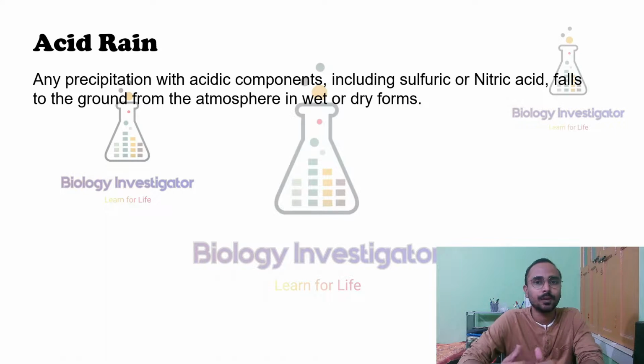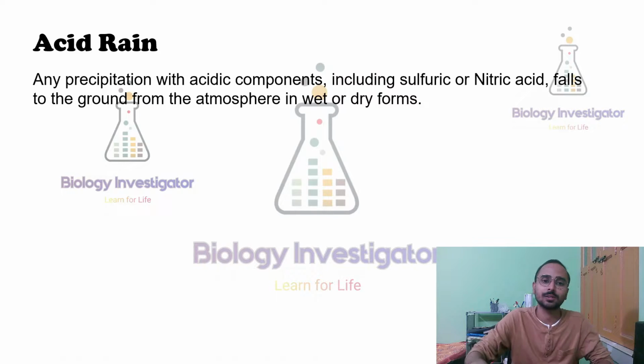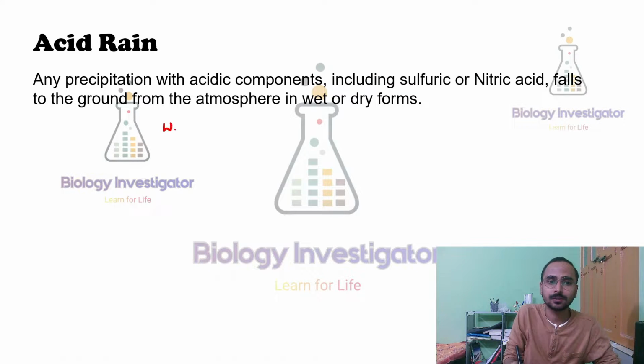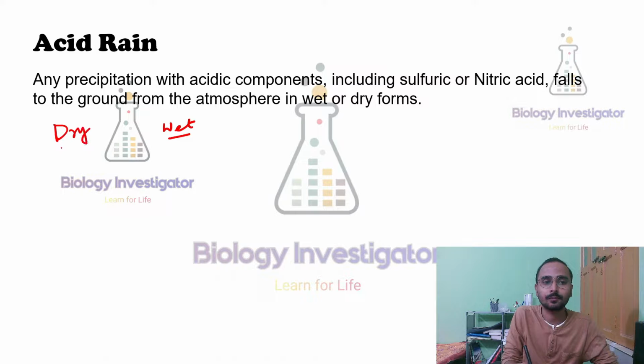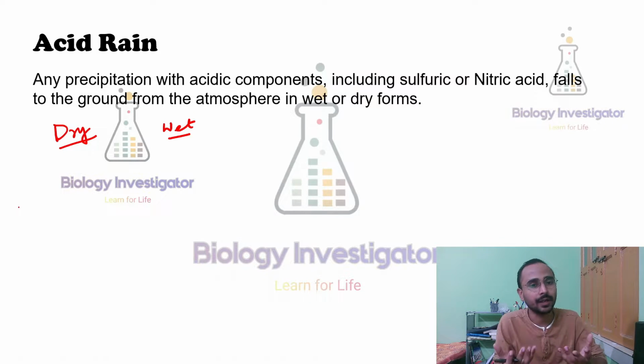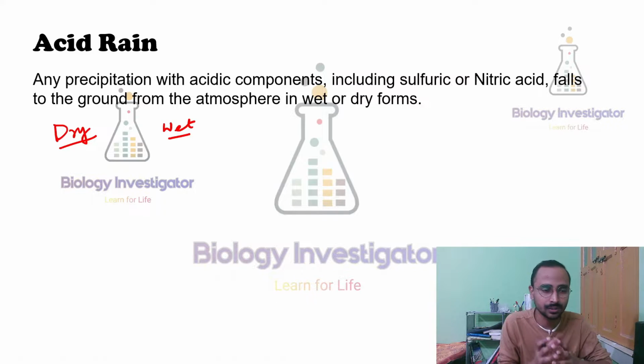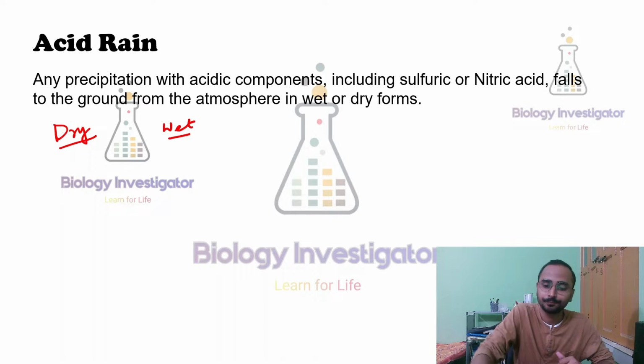And this deposition can be in wet form or in dry form, so we can call it wet deposition or dry deposition. I will tell what is dry deposition and what is wet deposition.